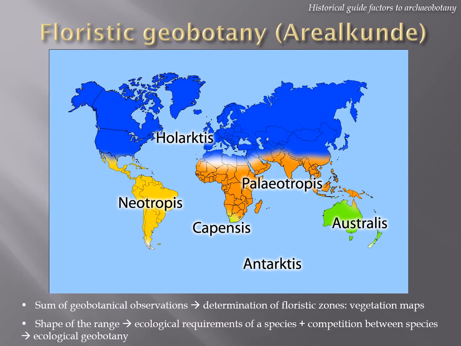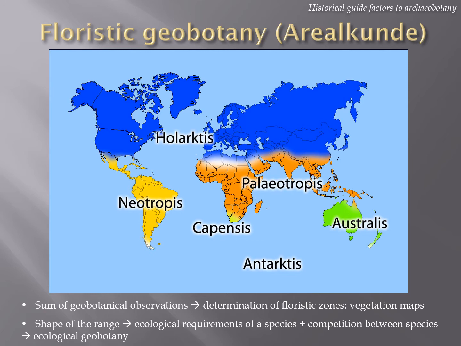The sum of such geobotanical observations and the consideration of the patterns of ranges lead to the determination of floristic zones. The different types and sizes of ranges lead to grouping of species, genera or families into cosmopolites versus endemites. The largest floristic unit describes 6 floristic realms: the Holarctic, the Paleotropic, the Neotropic, the Australis, the Antarctic, and the Capensis.